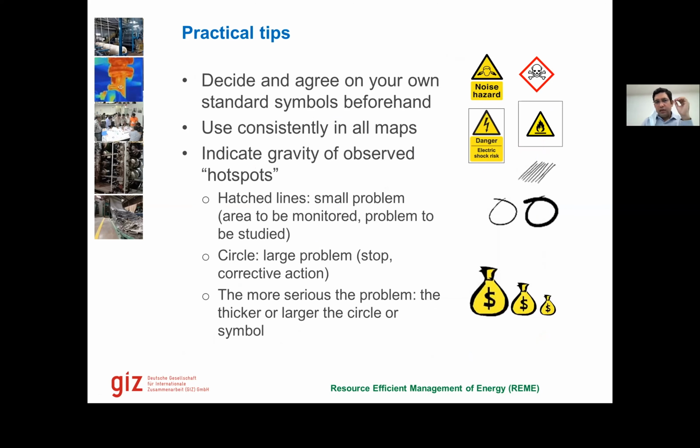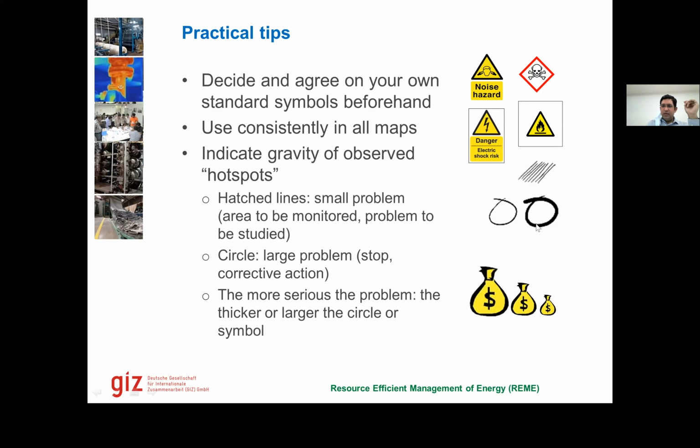And then the symbols. So what symbols are we going to use to identify the problems? For example, we could use these hashed lines for small problems. We could use these circles for bigger problems, or where we need to immediately do attention.